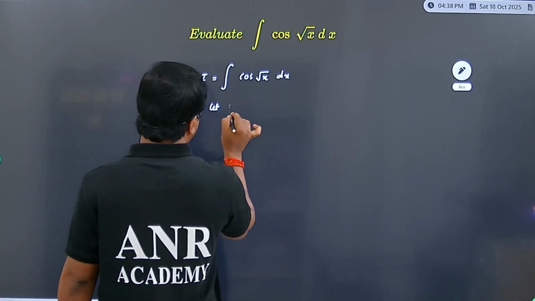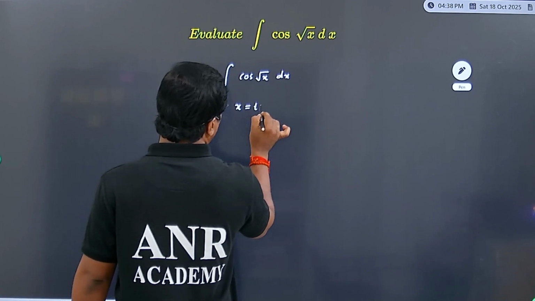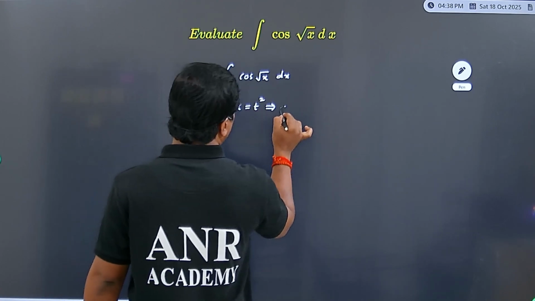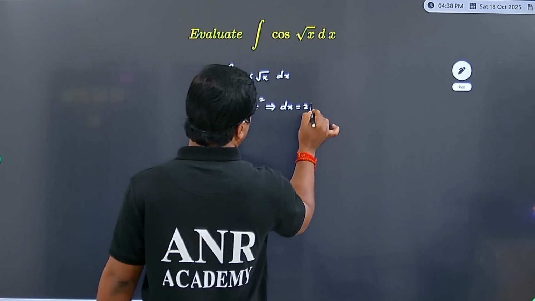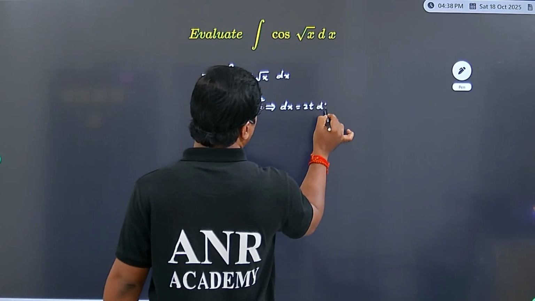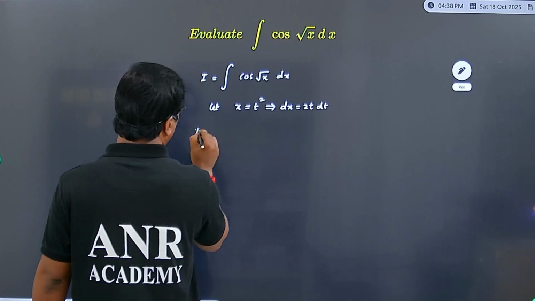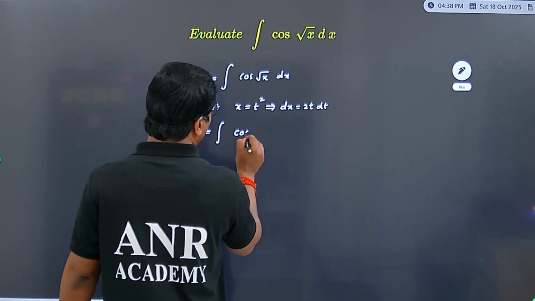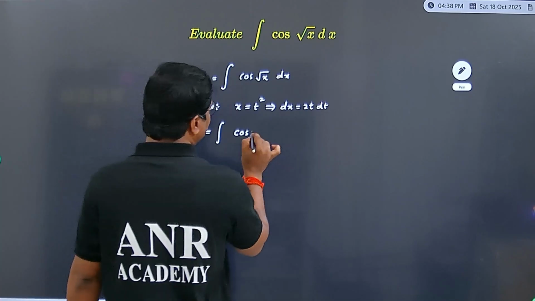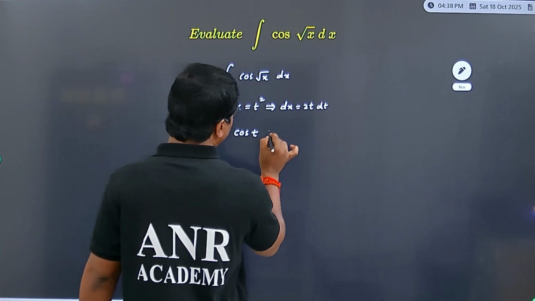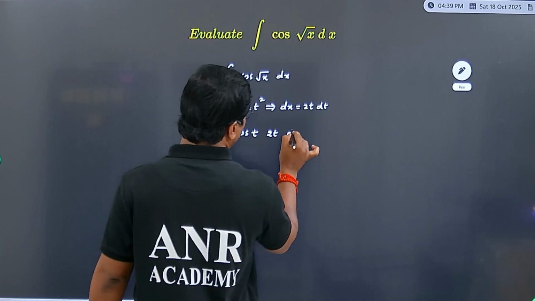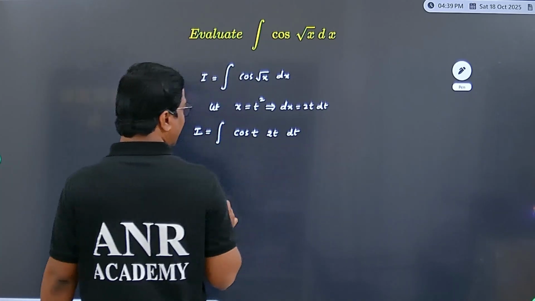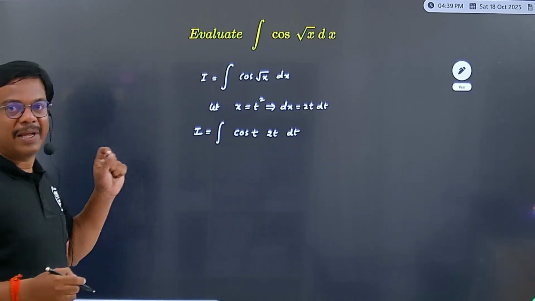Let us suppose x equal to t square, which implies dx is 2t dt. Therefore, the value of I equals integral cos of root x, value t, dx value 2t dt. Now apply the uv rule.